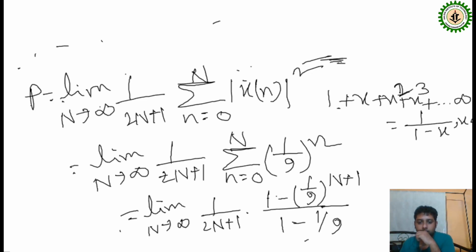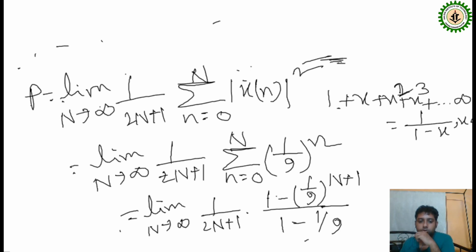So this is the result we will get. And why does the N+1 term come? Because here it is going from n equals 0 to N, so there will be N+1 number of terms. That's why I have written N+1.